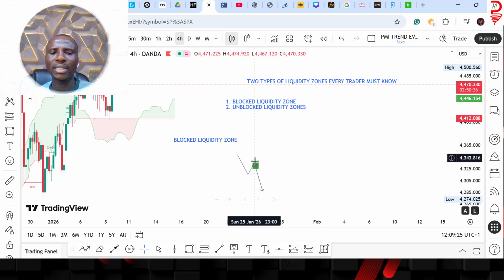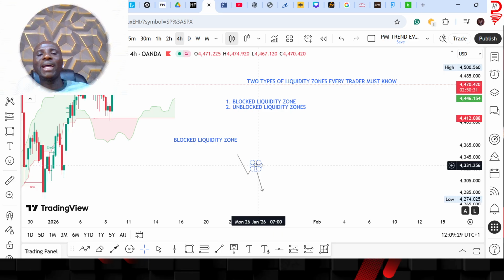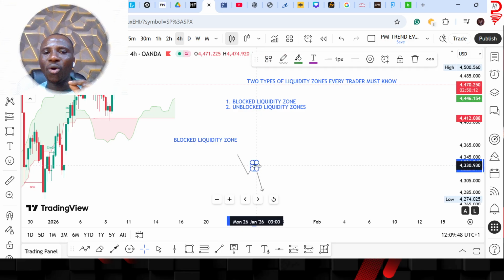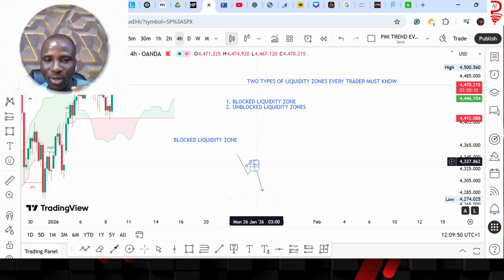See, this green candle is the last area where the buyers struggled with the market, trying to push it up, but the sellers came into the market and were able to infuse a lot of money into the market that drove the market to the downside. You see, that particular position, that particular order block, that particular area is an area of blocked liquidity.